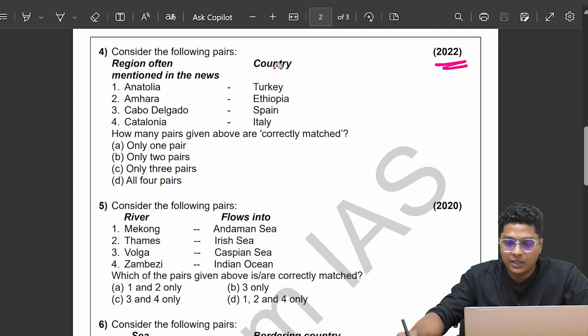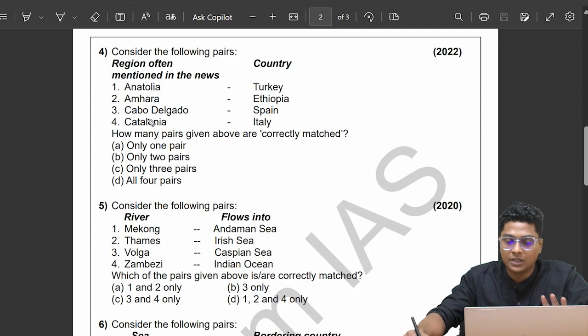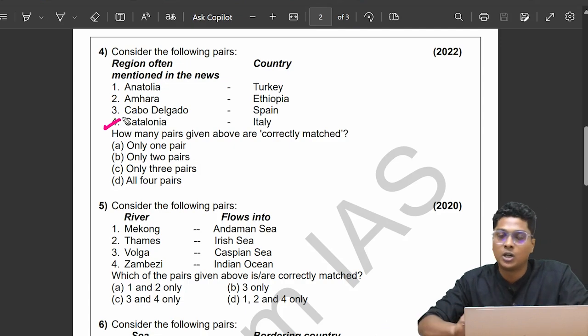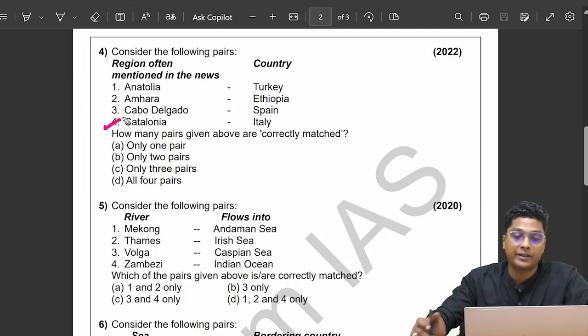So here we have the region on the left side, and on the right side we have the country. Anatolia, Amhara, Cabo Delgado, Catalonia. We have solved this question earlier. I'm just mentioning the one related to Europe, which is Catalonia, right? We have seen earlier the Catalonia region, the issue of sovereignty, the referendum going on there, and it is bordering Spain and the Mediterranean side.